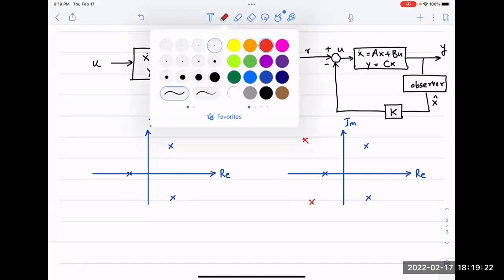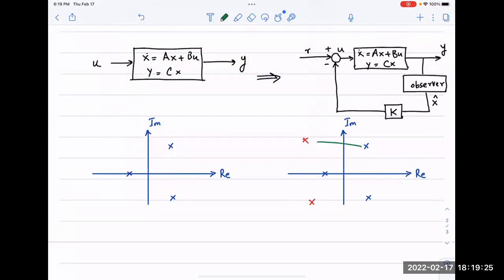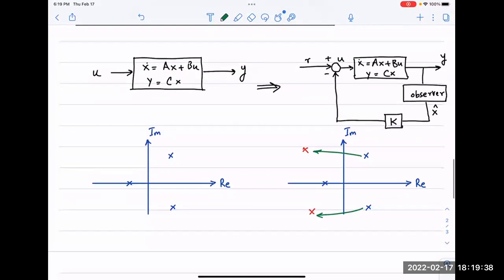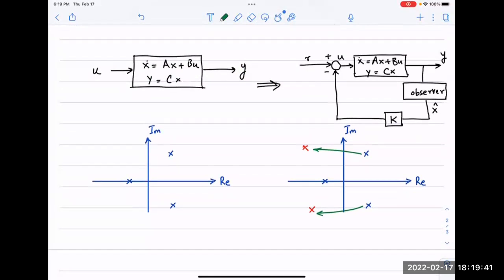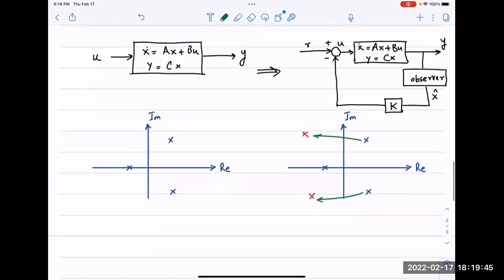This is just an example that with the feedback, you can push these poles here. So overall, the closed loop system will be stable. This is pole placement via state feedback.